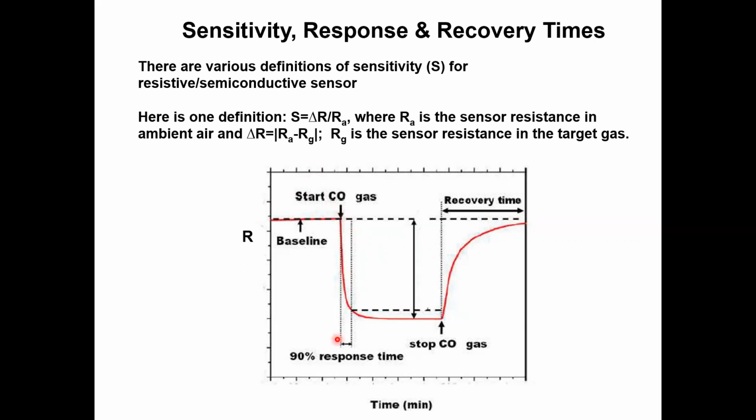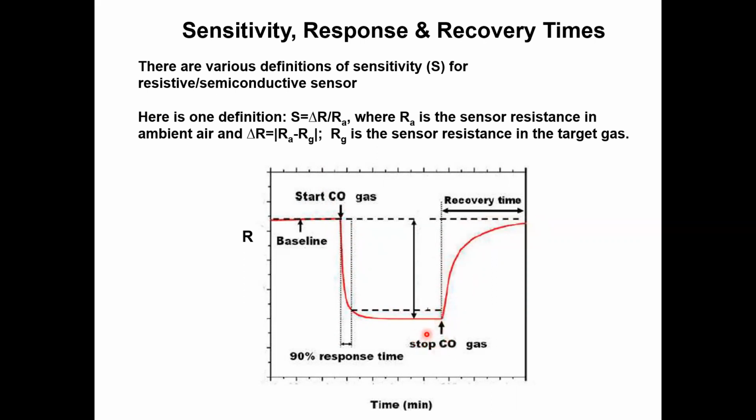And you can define response time, the 90% response time: how long does it take for the signal to drop to 90%, and the 90% recovery time: how long does it take to recover 90% of the original signal? You can see that response is fast, but recovery is sluggish, and there's a reason for that.